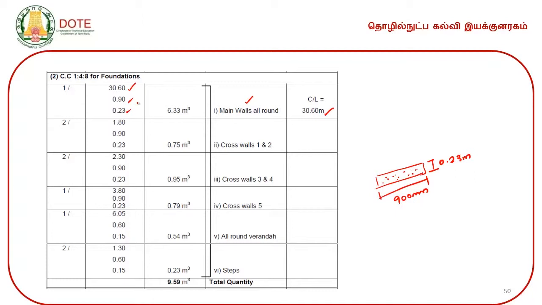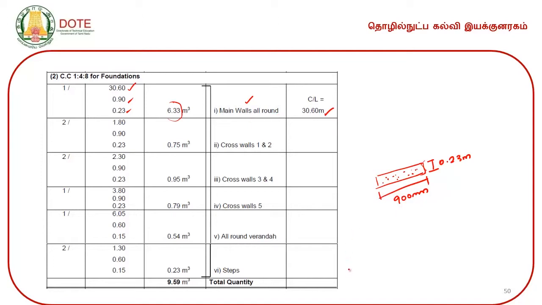All around center to center length 30.60, breadth 0.9 meter, depth 0.23 meter. Then how to calculate this quantity? It's a main wall all around, only one number.